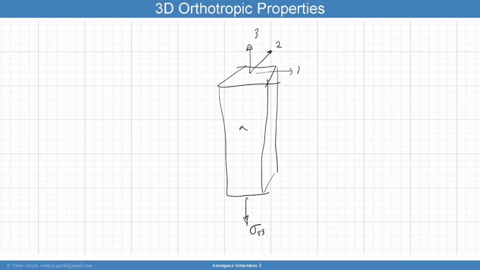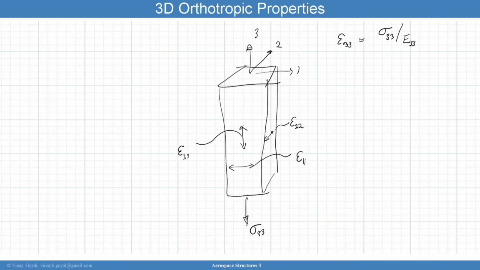And I'll measure the strains in this direction, and I'll measure the strains going this way, and the strains going this way. And again, epsilon 3 equals sigma 3 divided by E33. That's what I'll find from the testing, and I'll get a new modulus for that.